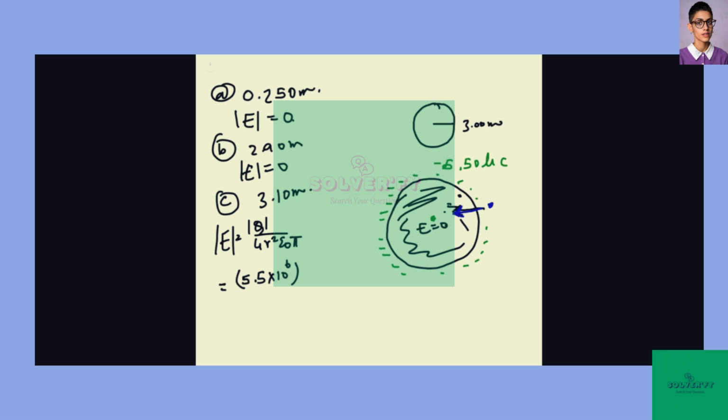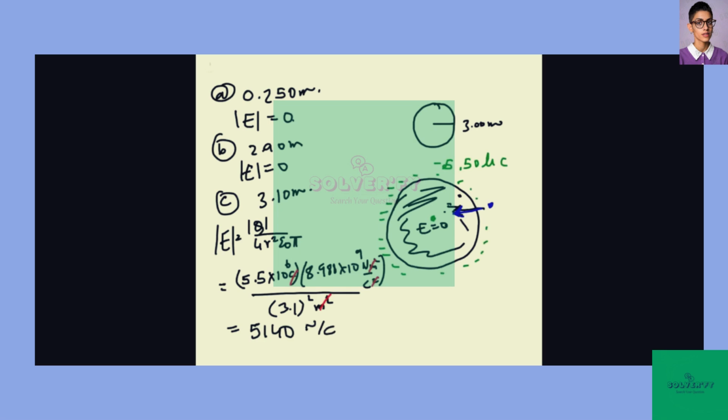Now, 1 by 4 pi epsilon naught has the value of 8.988 into 10 power 9 Newton meter square per coulomb square, if you remember, divided by r square, 3.1 meter square. This gives us 5,140, and notice the units. We lose a coulomb here, meter square there, and the units are Newton per coulomb, as we expect for electric field.